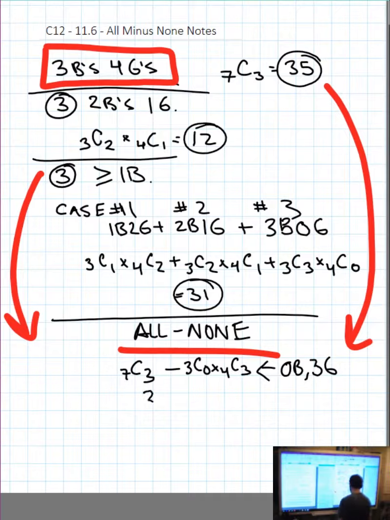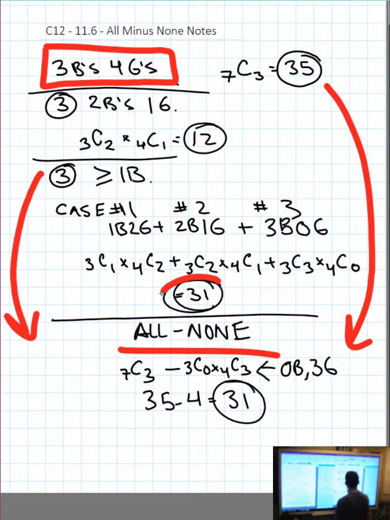And that works out to be 35 minus 4, which is equal to 31, the same 31 Big Red that we got from above. So lots of the times it's going to be easier to do all minus none rather than add up all of the individual cases. Let's see where that will come into effect even better.